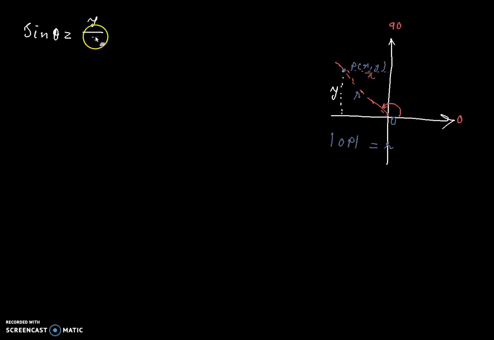Not correct. It's basically y divided by r. And cos theta is x divided by r, or this distance divided by r.